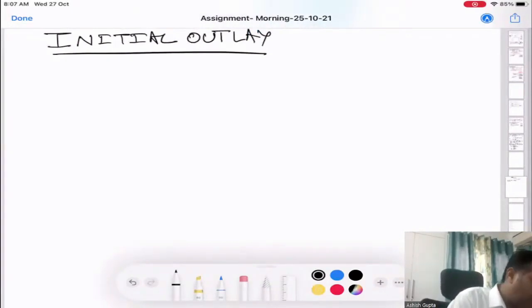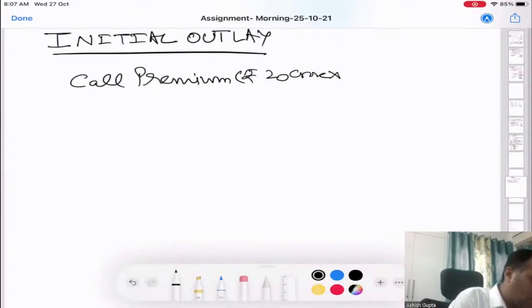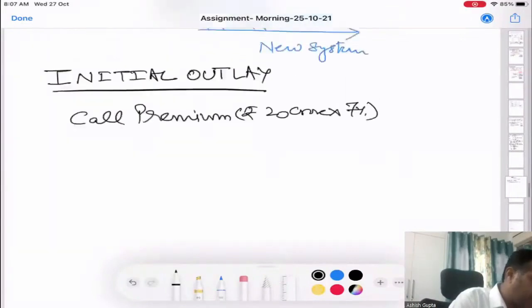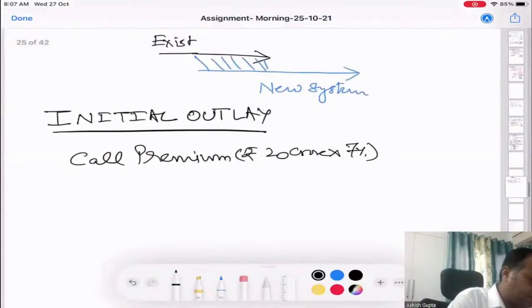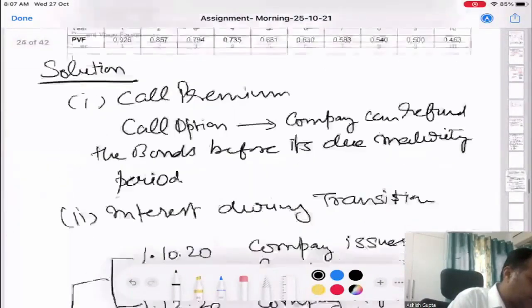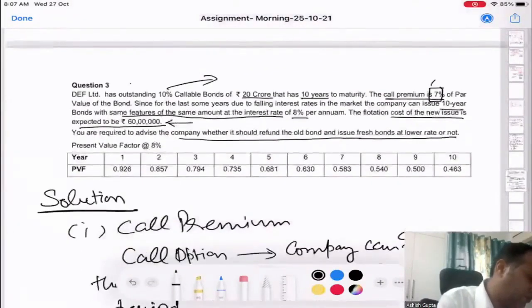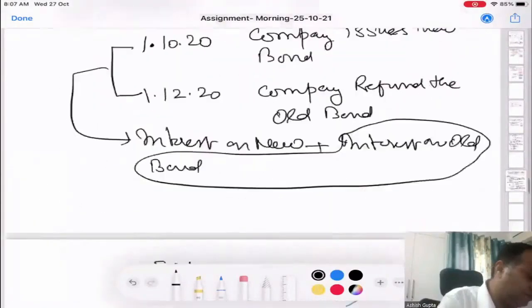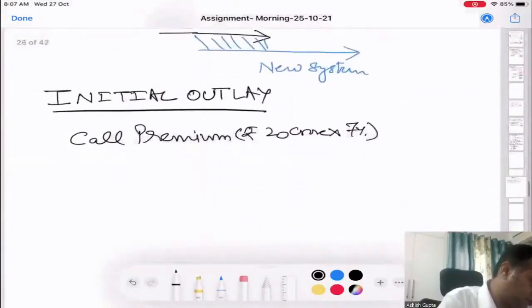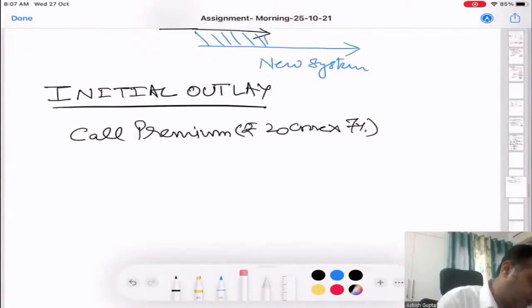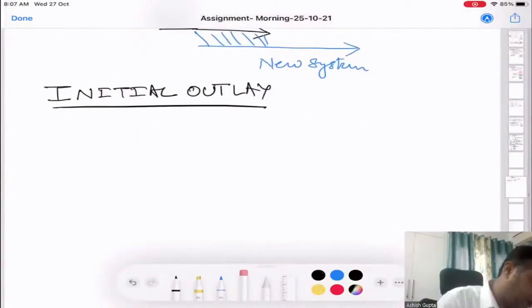Okay. Now, first of all, we have to pay call premium. How much call premium? It is 7%. Let me write here.